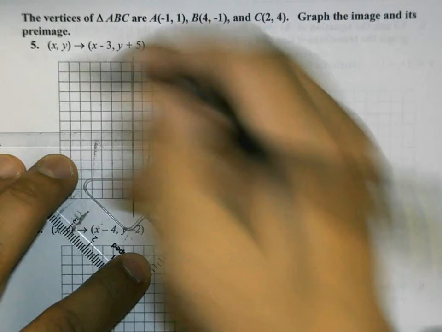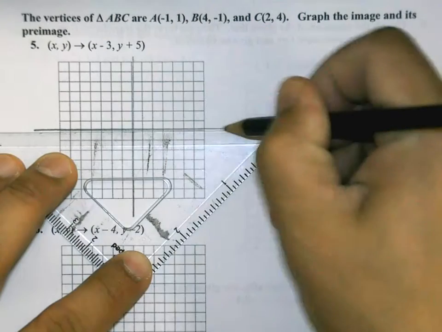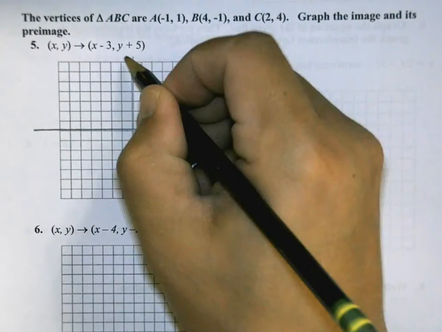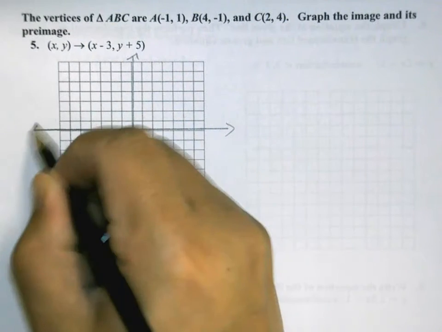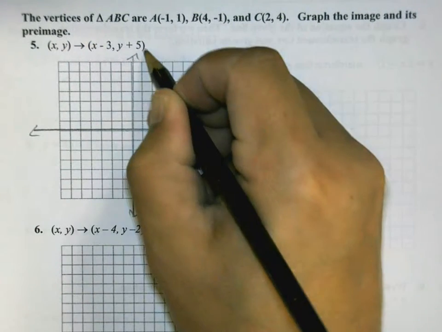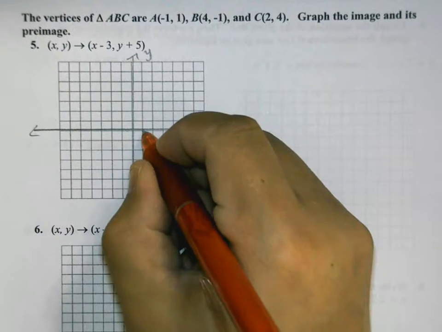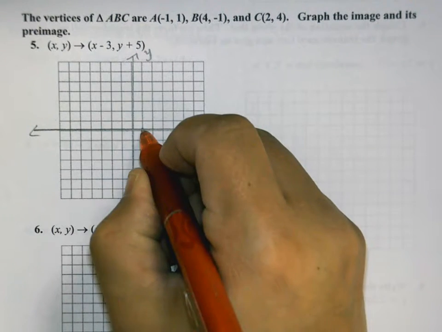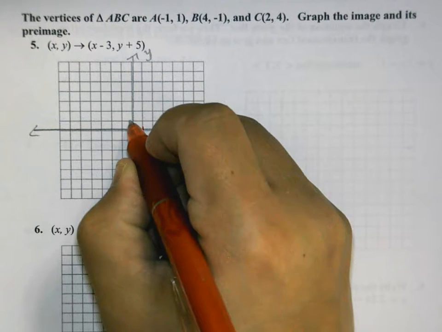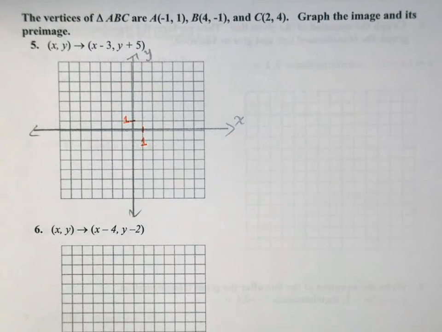I'm doing this in pencil, so it pales in the background, because we want to turn most of the attention to the image, not the axes. And remember, whenever you graph, you need to have a scale, otherwise the graph makes no sense. So let's put a scale of 1 and 1 here. And now let's see where these points are.